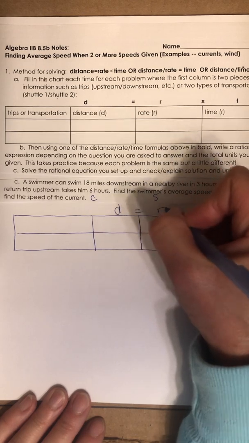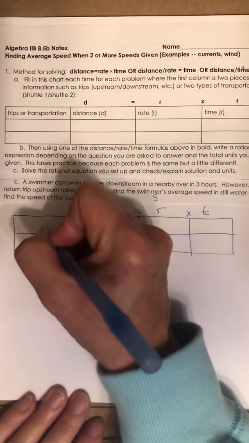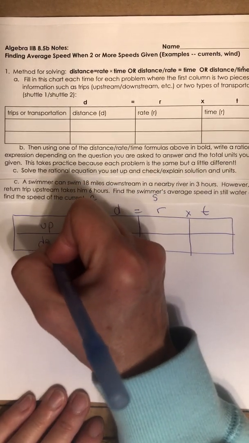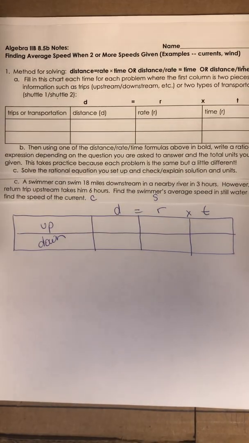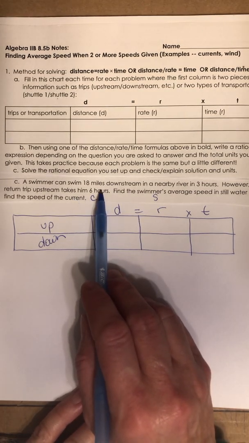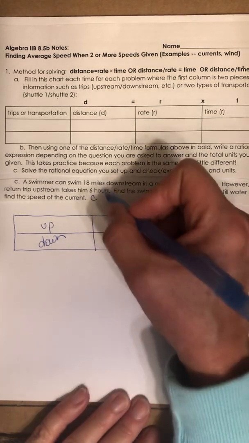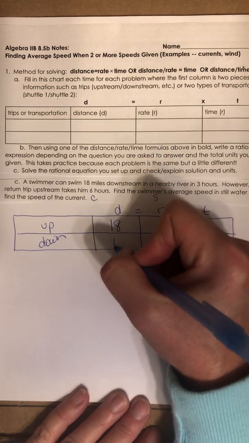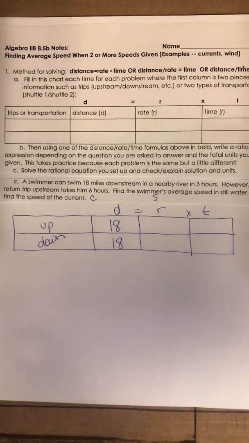Distance equals rate times time. We'll go upstream and downstream. Okay, let's take a look. The distance is 18 miles downstream and upstream, so they're going upstream and downstream the same amount.